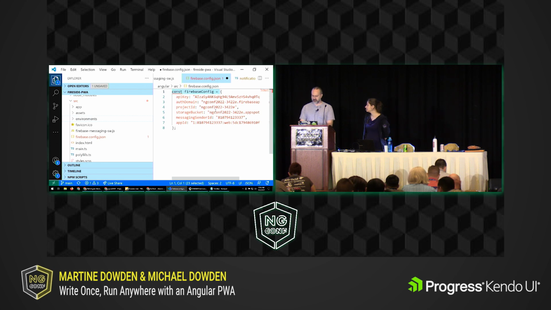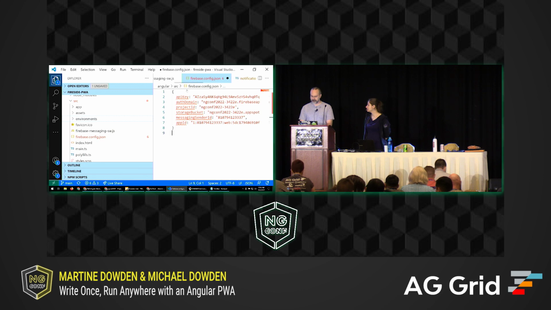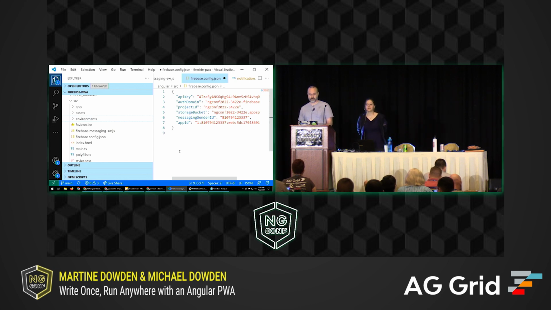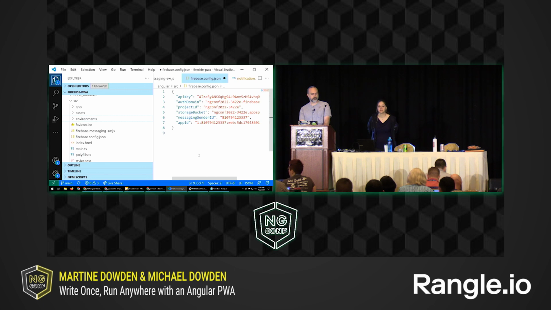The first one is get rid of the variable assignment, then get rid of the semicolon, and then each of these needs to be a string to be valid JSON. Once we've done this, you should have these values: API key, auth domain, project ID, storage bucket, messaging sender ID, and app ID. That information is what links you back to Firebase. It's all your API keys, it's all your secrets, all of that fun stuff.